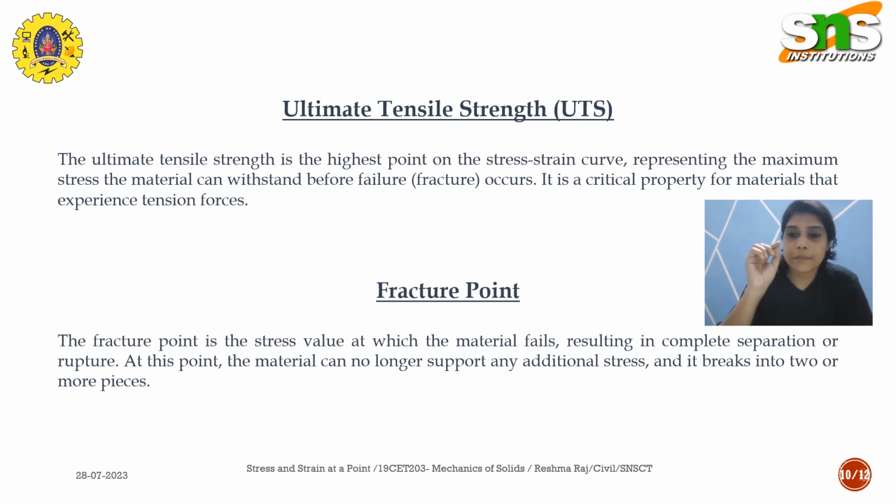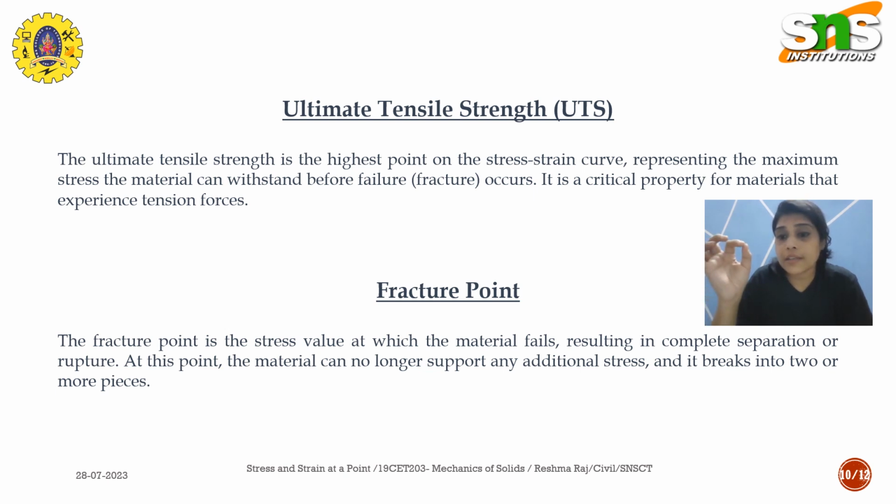When a material reaches its ultimate tensile strength, next will be the fracture point, where the material fails to withstand the stress. The fracture point is the stress value at which the material fails.